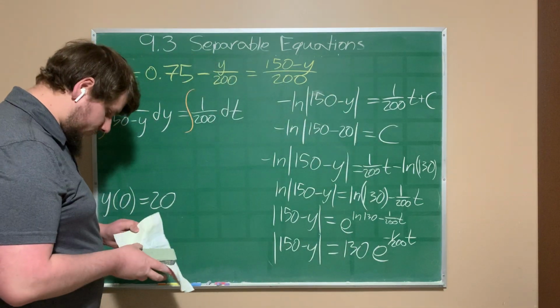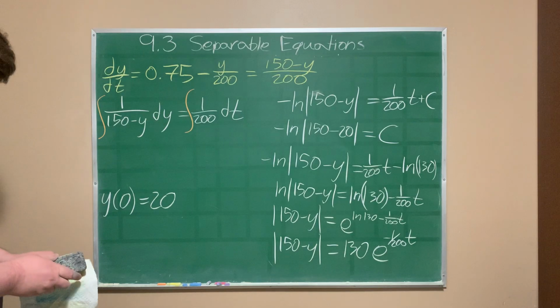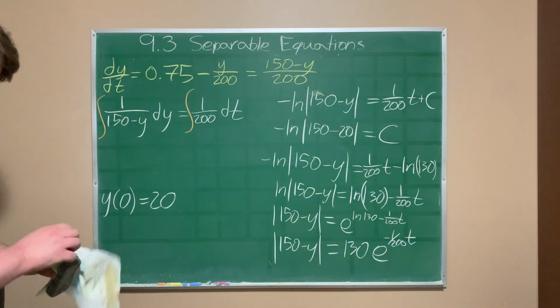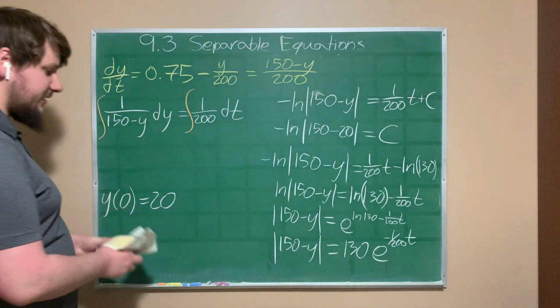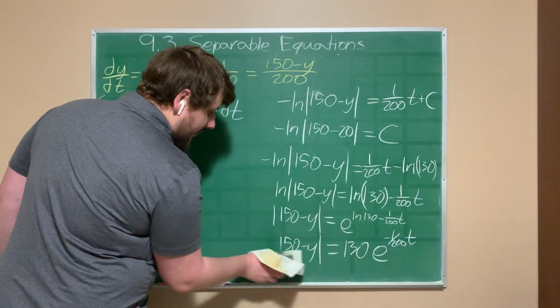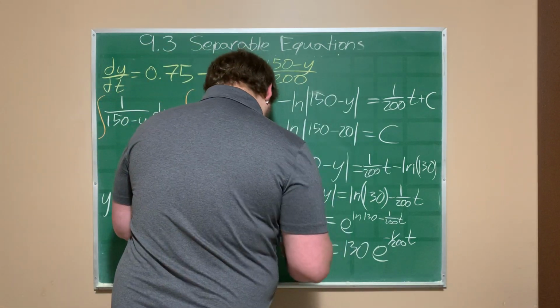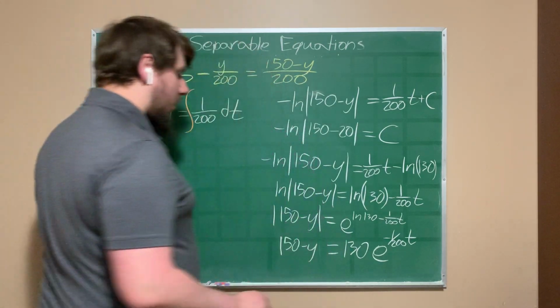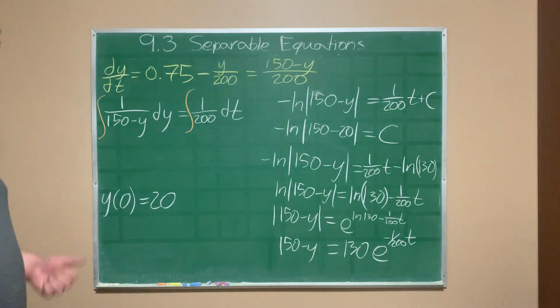That was a little bit complicated, the reasoning there, so feel free to check out the writing in the textbook. It's a little bit more convincing. You can take some time to understand exactly why I can erase the absolute values at this point. But we're guaranteeing that 150 minus y is always a positive value, so it's equal to its own absolute value. We don't need those absolute value bars.